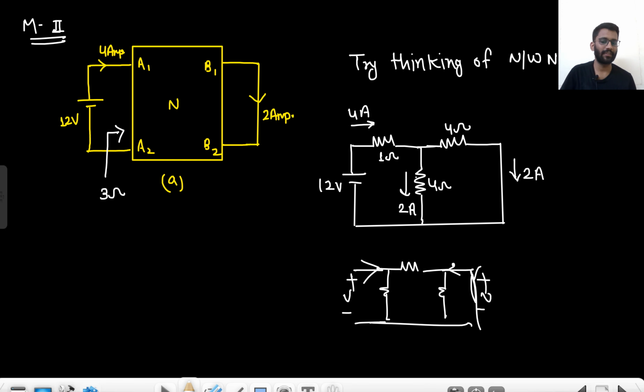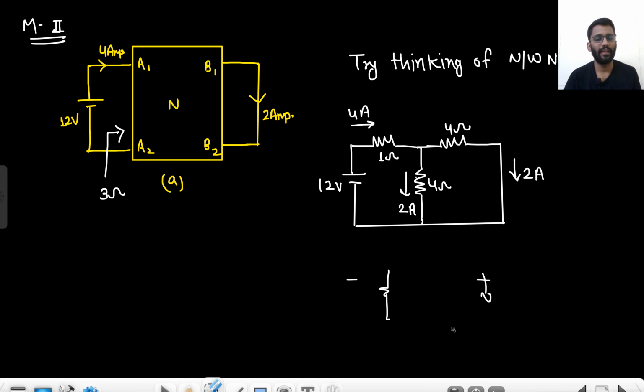So you can think of this network as well, but I prefer thinking about this T network. I guess it would be easier.